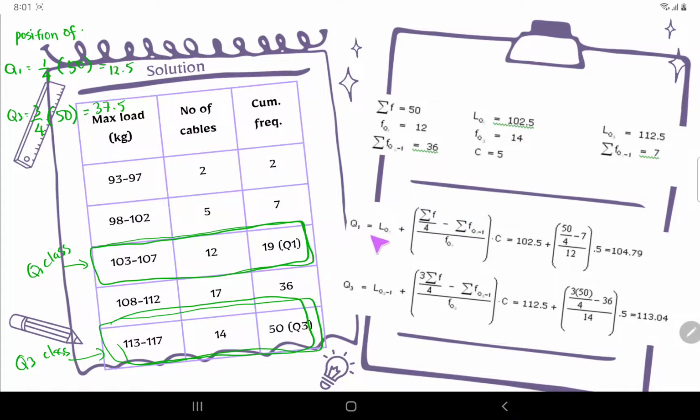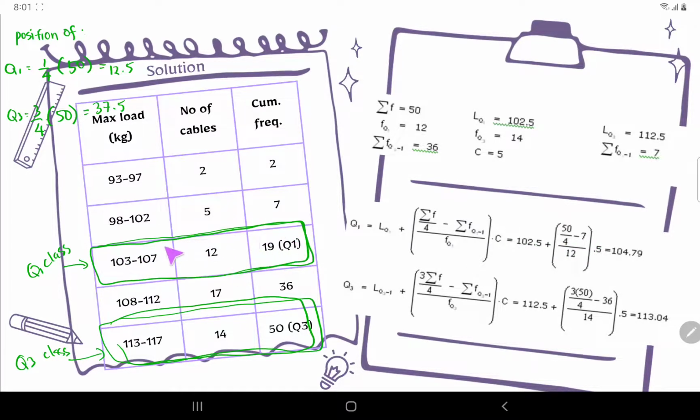This is the formula for finding Q1. You can see here our LQ1 is 102.5, the lower limit of this class. Then the total frequency, which is 50, 50 divided by 4 minus 7. 7 is the cumulative frequency before this class.